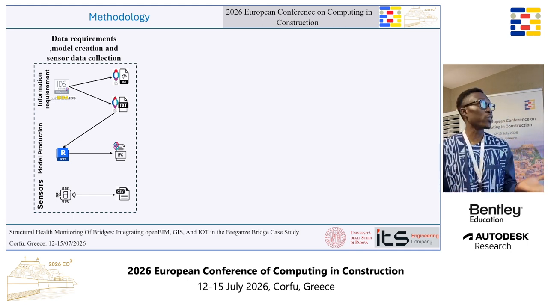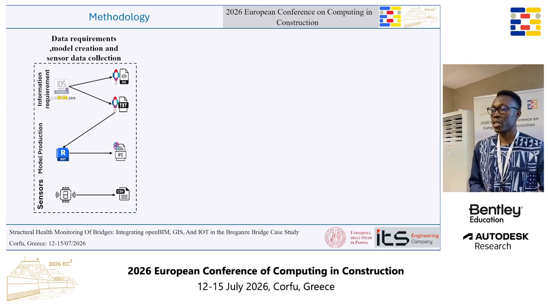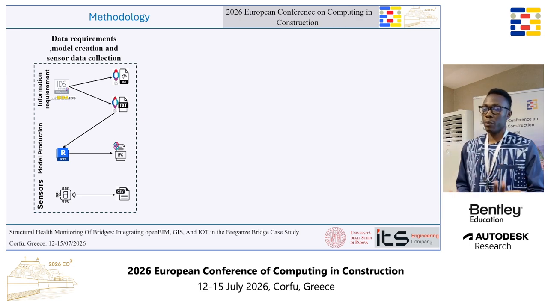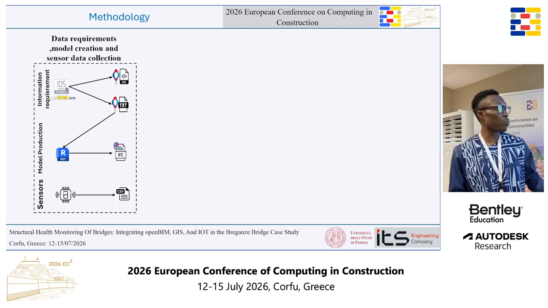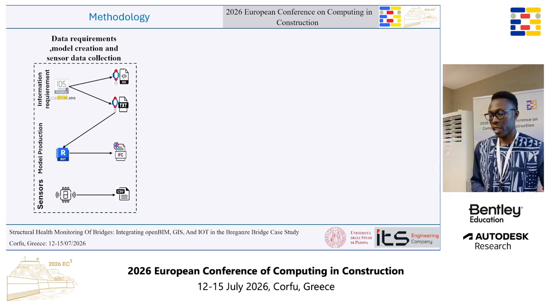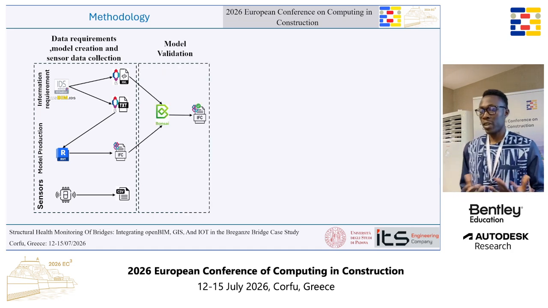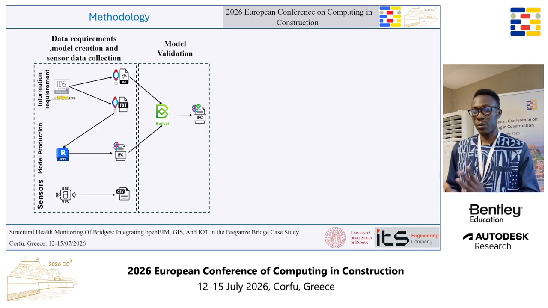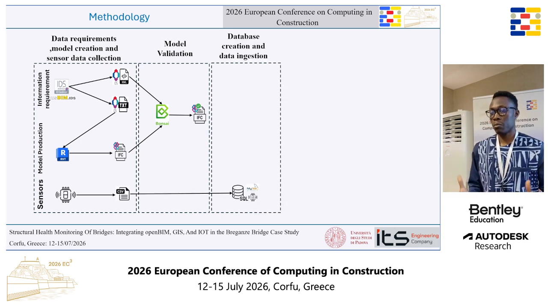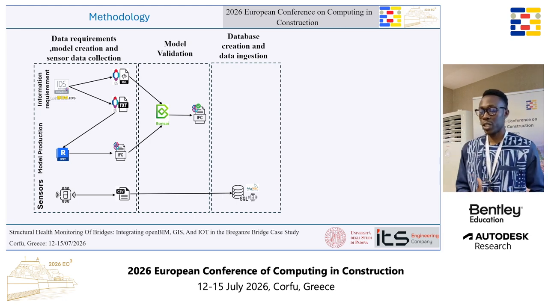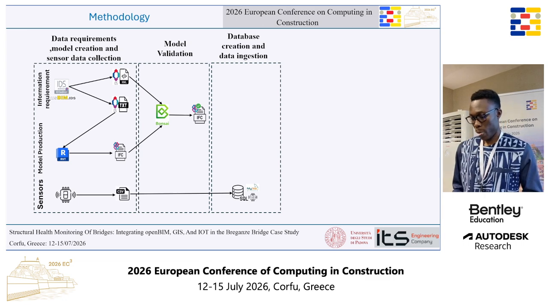We start with the definition of human and machine readable specification. Then the human readable specification is used for the creation of the digital model, and we export to IFC. Then we validate the model using BIM with the machine readable specification. Then we pass to the definition of the database and injection of the data.